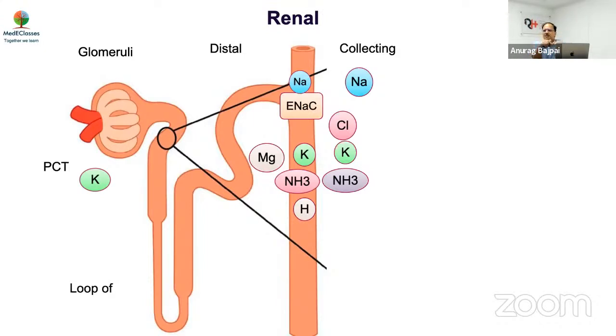When your potassium level is low, the body would like to say, okay, I don't want to lose potassium anymore, I want to push off protons. So your ammonium production will become more. So the natural response to hypokalemia is metabolic alkalosis. Remember, when your potassium becomes more, that potassium inhibits ammonium production.